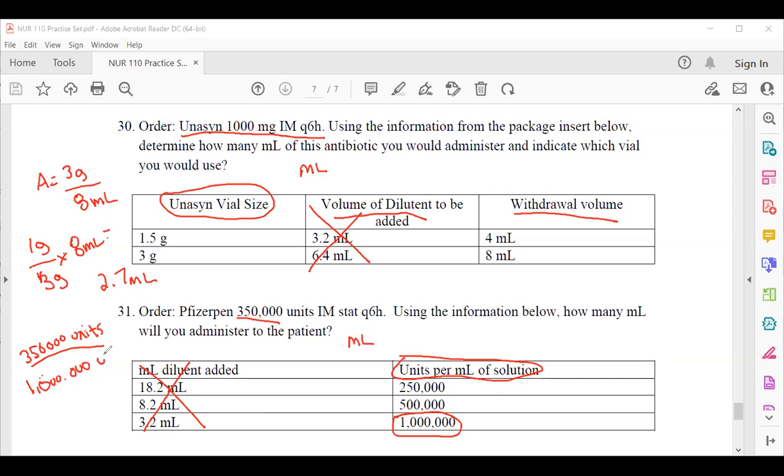Units, and it's ×1, so we don't need to do anything about that. So 350,000 over 1 million.